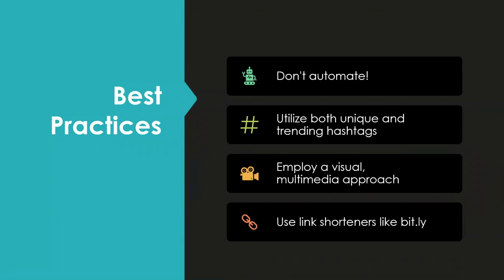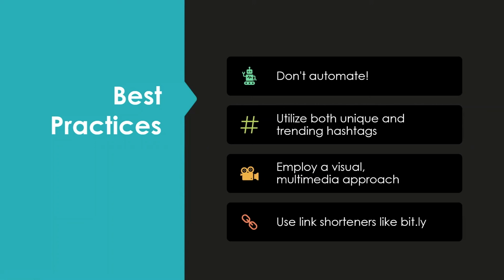So it's not actual content, it's just a link, and it looks ugly and lazy, and that's not the way you want to do things. On that note, you also don't want to post the exact same content worded the exact same way across all your platforms anyway.